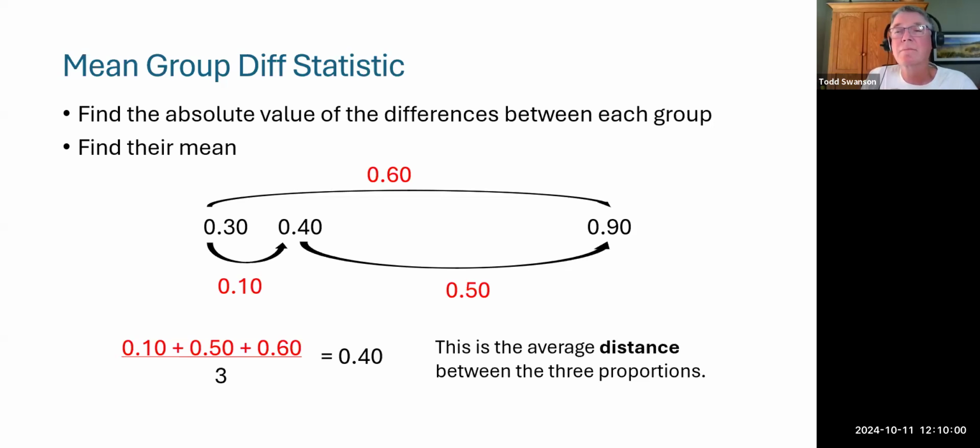Toss that into chat. Yeah, I see a couple: all the same proportion. Yeah, they're all the same. There's no distance between them whatsoever. And the bigger that mean group diff statistic is, the more spread out our proportions are, or what we're going to talk about today, our means are.